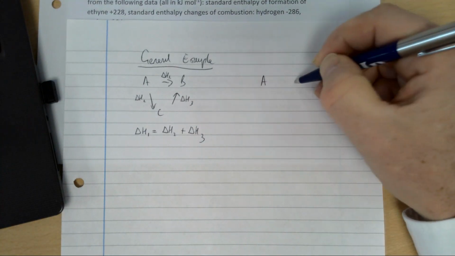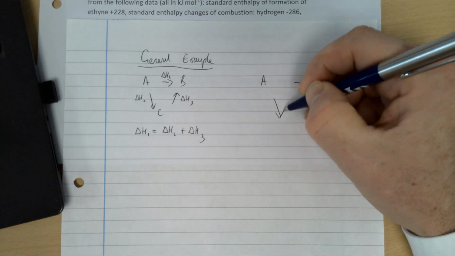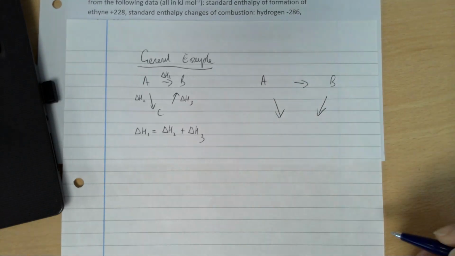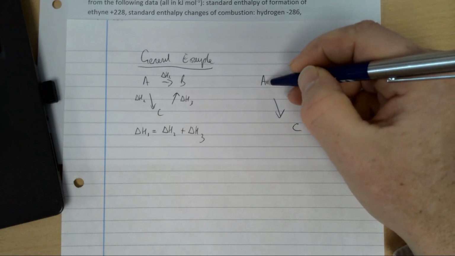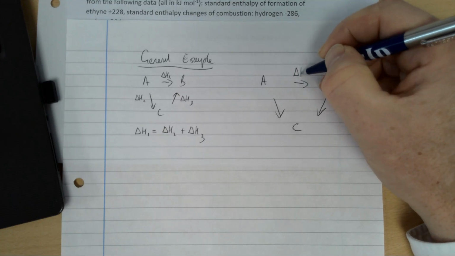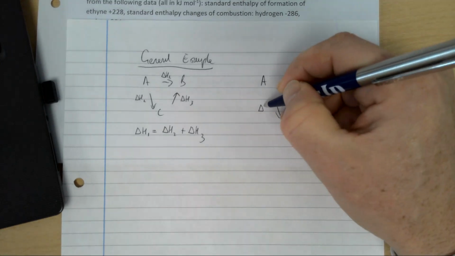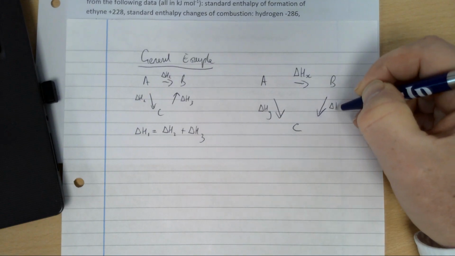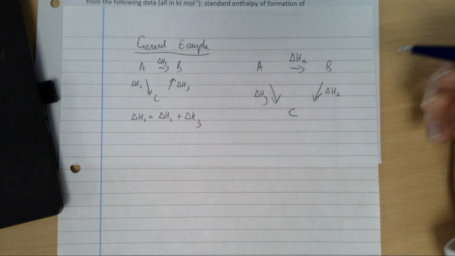Another example could be A going to B. This is like we did in the practical, you'll see in due course. We could turn A into C and B into C. And I'm going to call these delta HX, delta HY, and delta HZ. And hopefully you can see again that clockwise equals anti-clockwise.